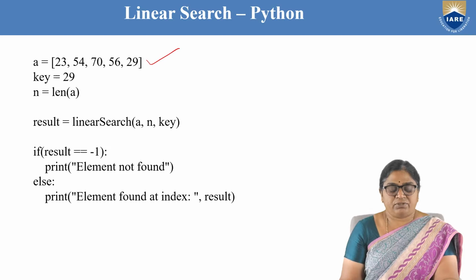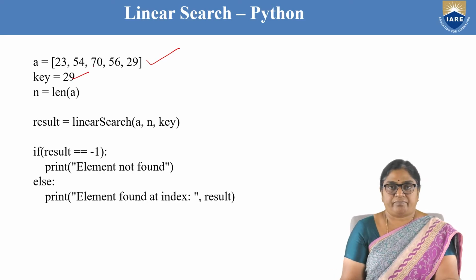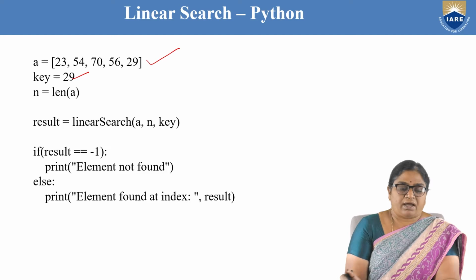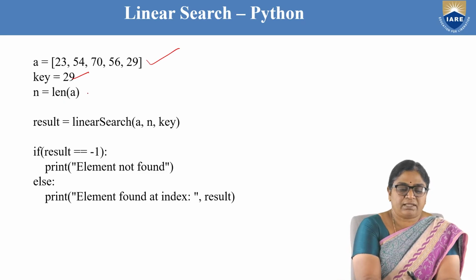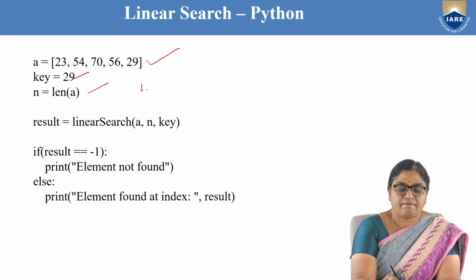So, A is equivalent to 23, 54, 70, 56 and then 29. And key element is equivalent to 29. So, here A is a list of the elements and key is the element which we want to search. And n is equivalent to length of A. That is nothing but the size of the list. Here the size of the list is 5.